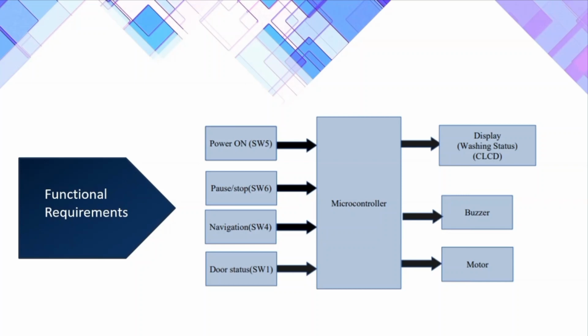First, with the power on switch, which is switch number 5, the signal goes to the microcontroller when it is pressed, and it gives a signal to the buzzer that we are powering on the washing machine. The second switch is switch number 6, which is the pause stop switch, which gives a signal to the microcontroller to pause or stop the washing machine.